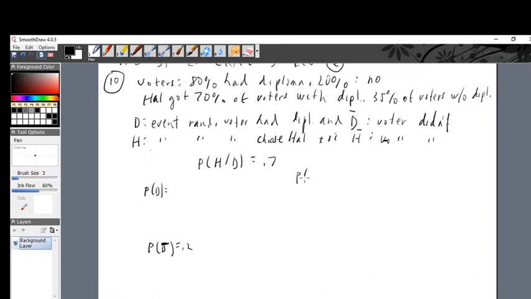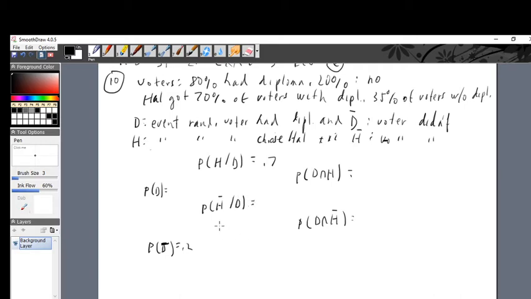There's a lot they don't give you. What they want to know is the probability of D and H, meaning had a diploma and voted for Hal. They also want to know the probability of D and not H, had a diploma and didn't vote for Hal. Besides that, there's some more: the probability of not voting for Hal given that D, had a diploma.